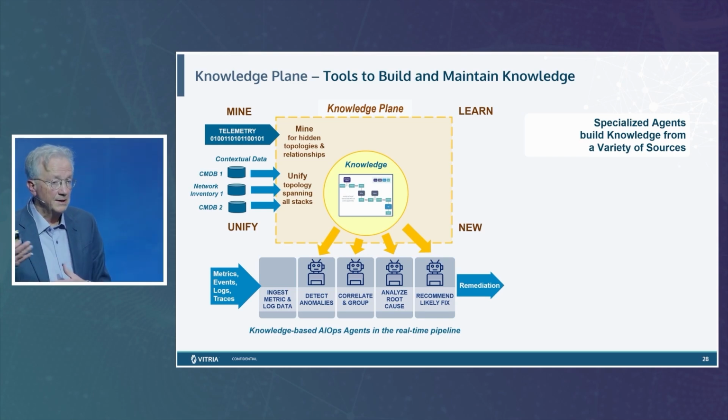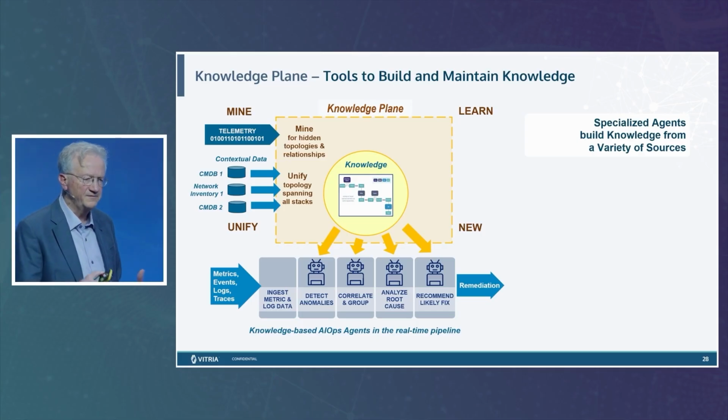And especially the virtual components of that. Your virtual router may be running actually in a data center in a Kubernetes cluster. And those clusters, the topology there is very, very dynamic.